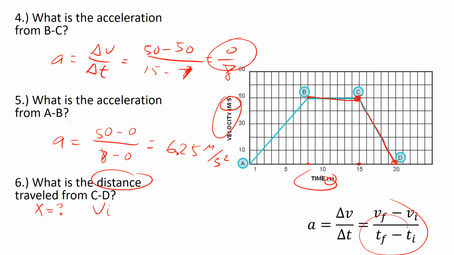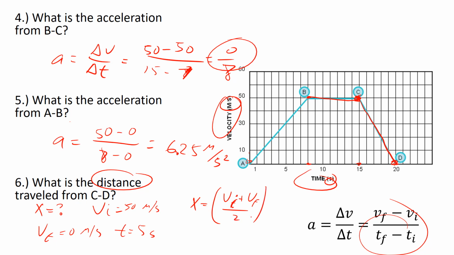We have initial velocity at C. Right when we got here, we were going 50 meters per second. Right when we got here, we were at 0, so final velocity was 0 meters per second. And the time that last little interval took was 5 seconds. Then we look at our handy formula sheet, and on it we have x equals v initial plus v final over 2, times t.